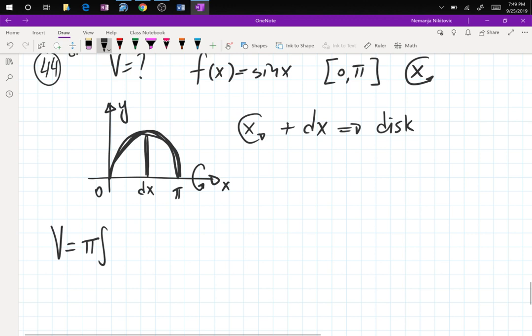Shell has 2 pi. Disk has single pi. Then you want the limits. Okay, here, make you happy, 0 to pi. Then we square the function, sine squared x, and then dx. Wait, why is this?